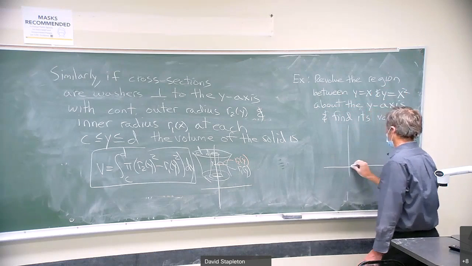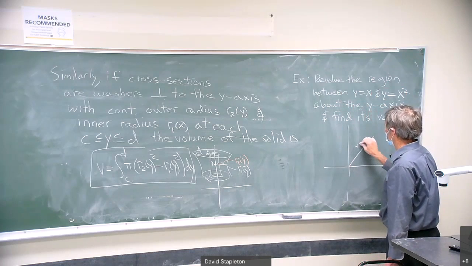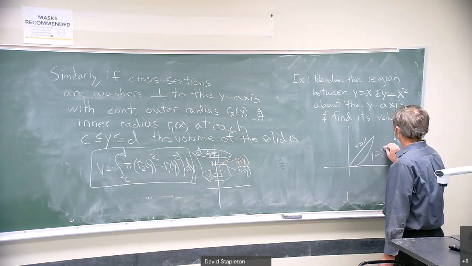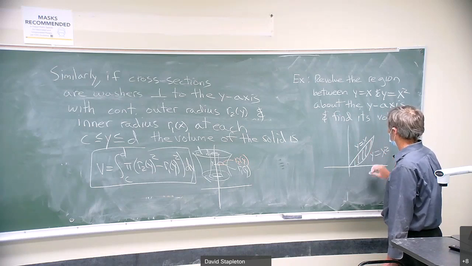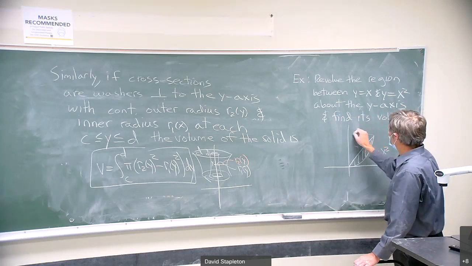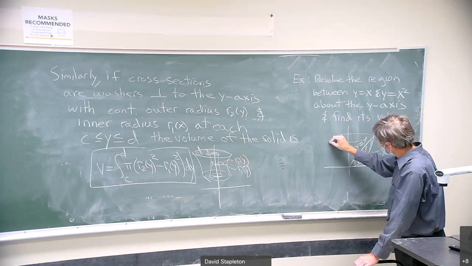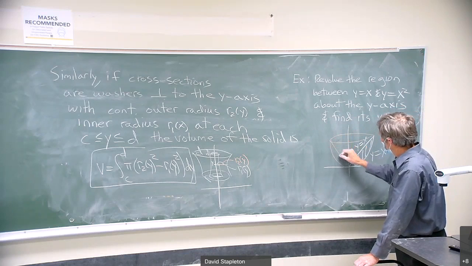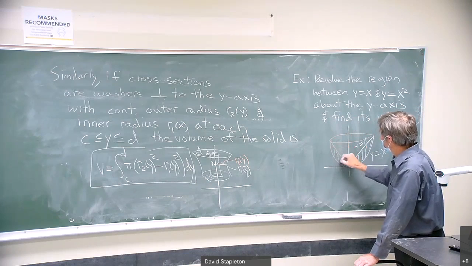It's worthwhile drawing the picture. Here's y equals x again, same as before. Y equals x squared again. The region between is this little slice here, but we're going to revolve it the other way. We're going to make something that looks like this, this symmetric piece over here.